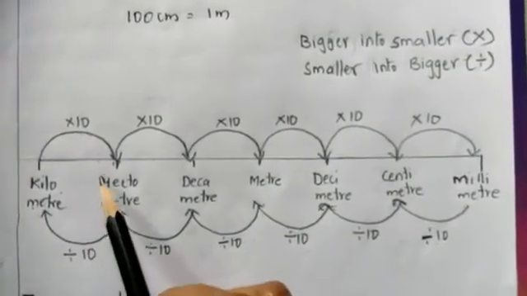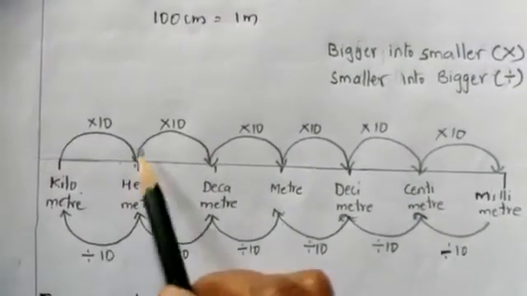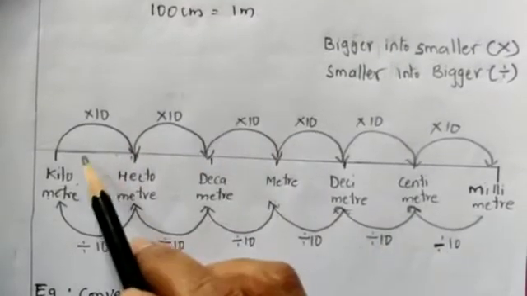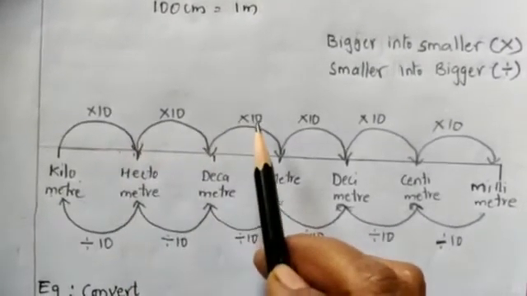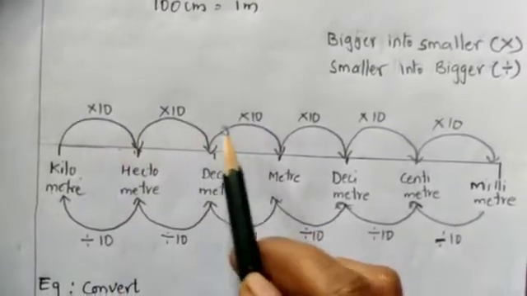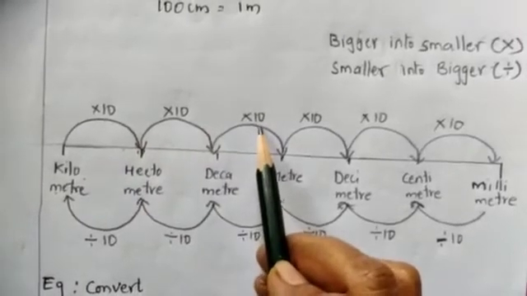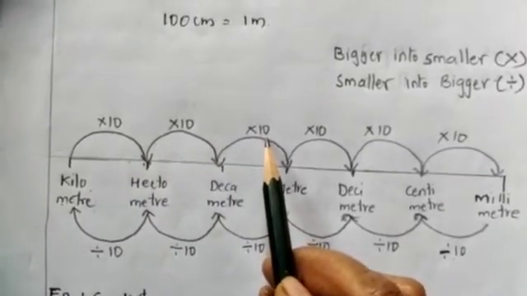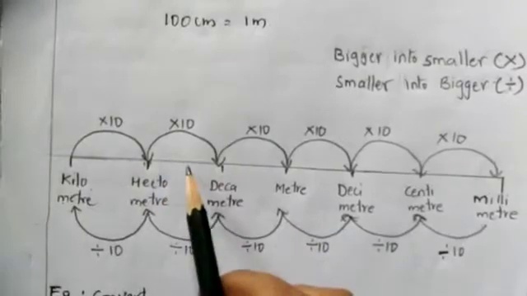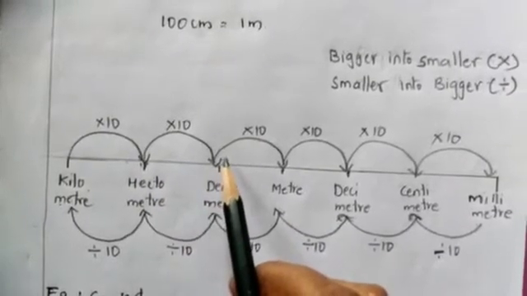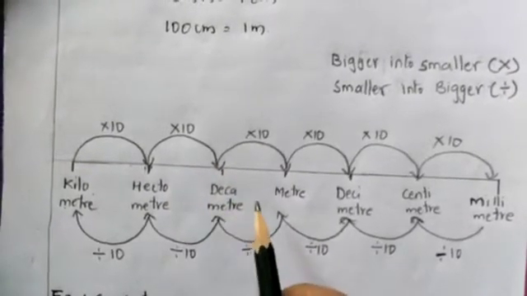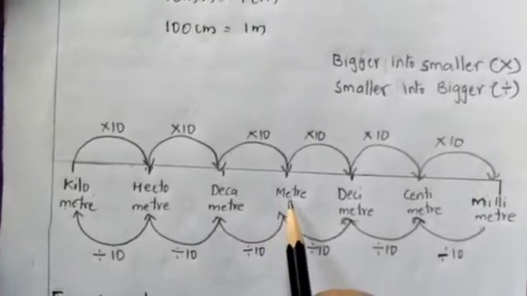So how much do you multiply for 6? See, 3 steps. So 3 times you have to multiply by 10. 10 into 10, 100, 100 into 10, 1000. So 6 into 1000. So 6 kilometer is equal to 6 into 1000 is equal to 6000 meters.